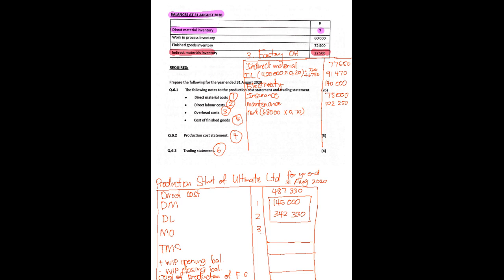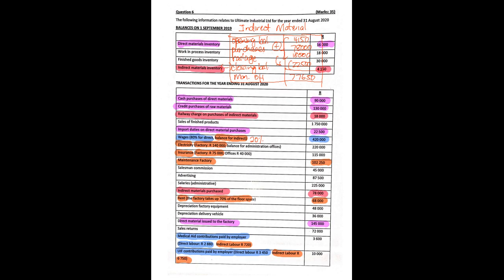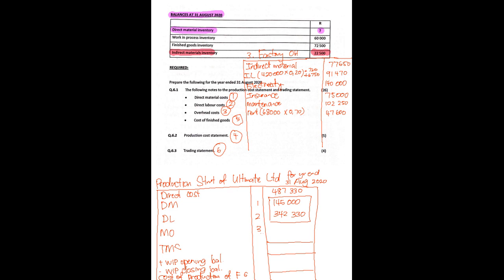And then the last one, I think it was depreciation on your factory machinery. Yes, so here depreciation on your factory equipment, 48,000 rand. So as long as it's within the factory, it will be included in these costs. As long as it's in the factory and it's not direct in nature, it will be included here.